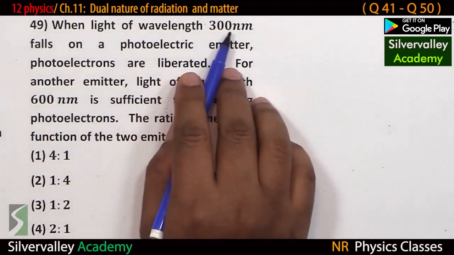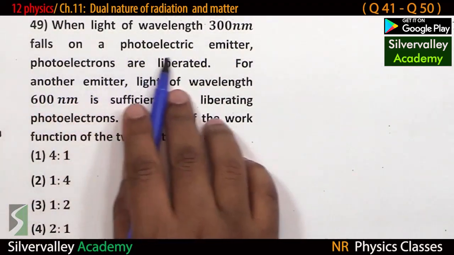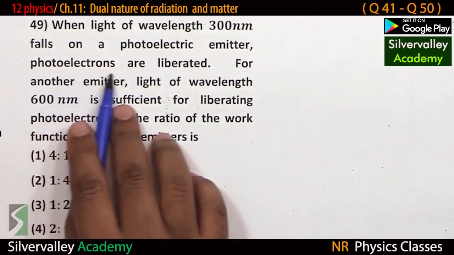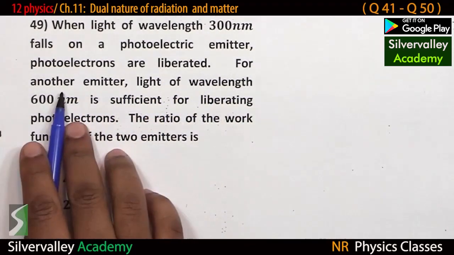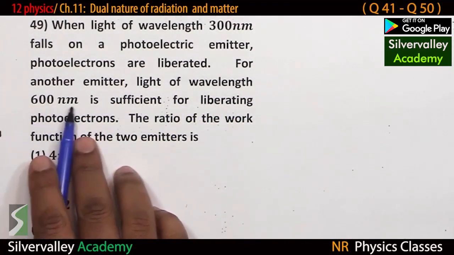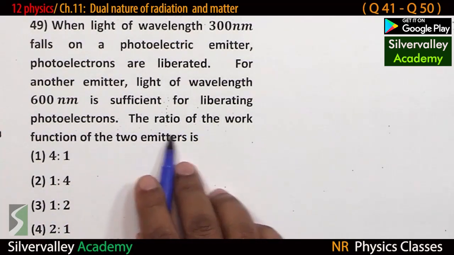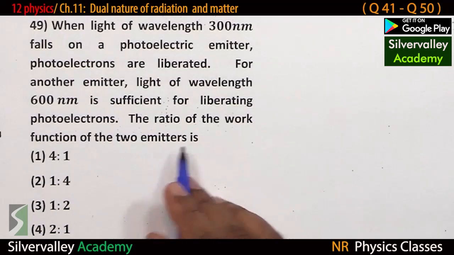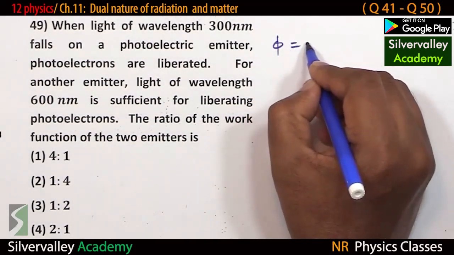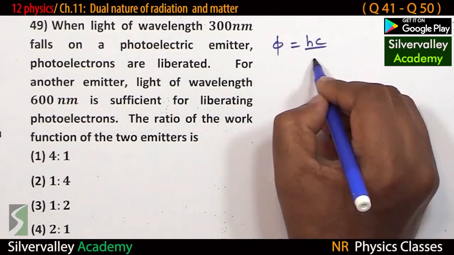When light of wavelength 300 nanometer falls on a photoelectric emitter, photoelectrons are liberated. For another emitter, light of wavelength 600 nanometer is sufficient for liberating photoelectrons. Ratio of the work functions? Work function is hc by lambda naught.